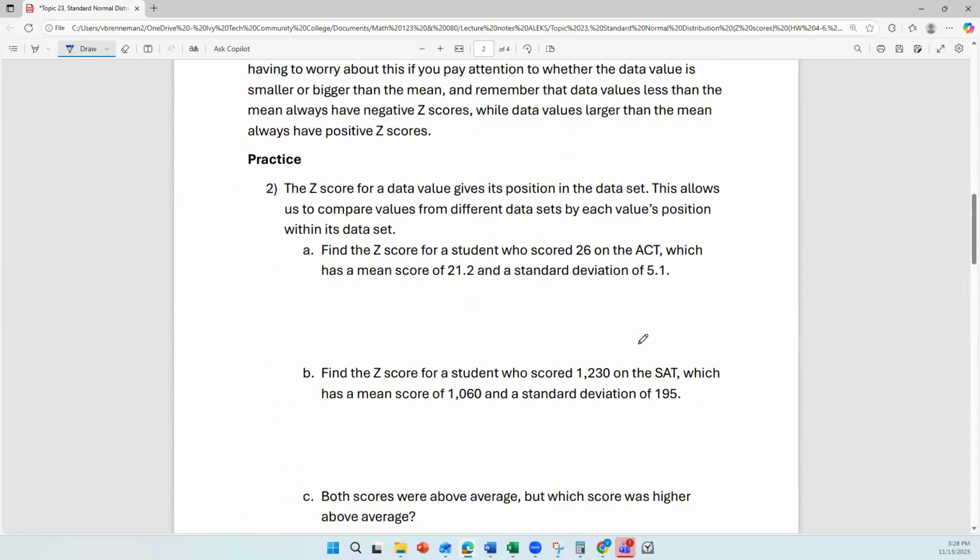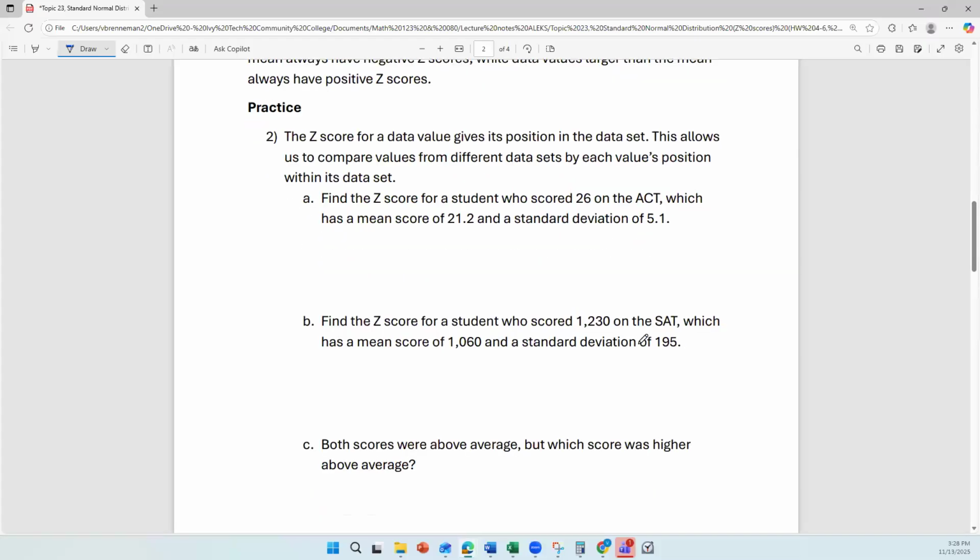So going to number 2 here, just calculating some z-scores. Again, how that is on the formula sheet, you will see z equals x minus x bar over s equals x minus mu over sigma.